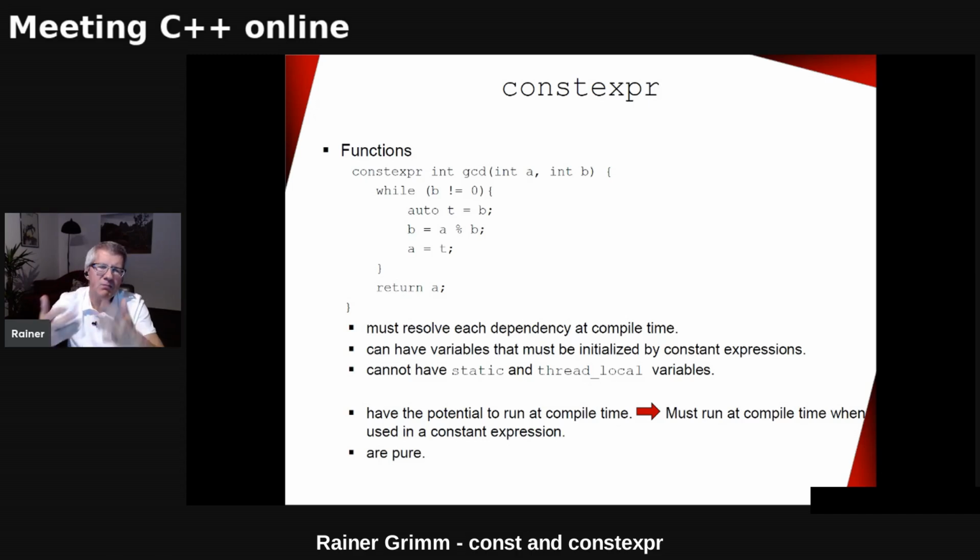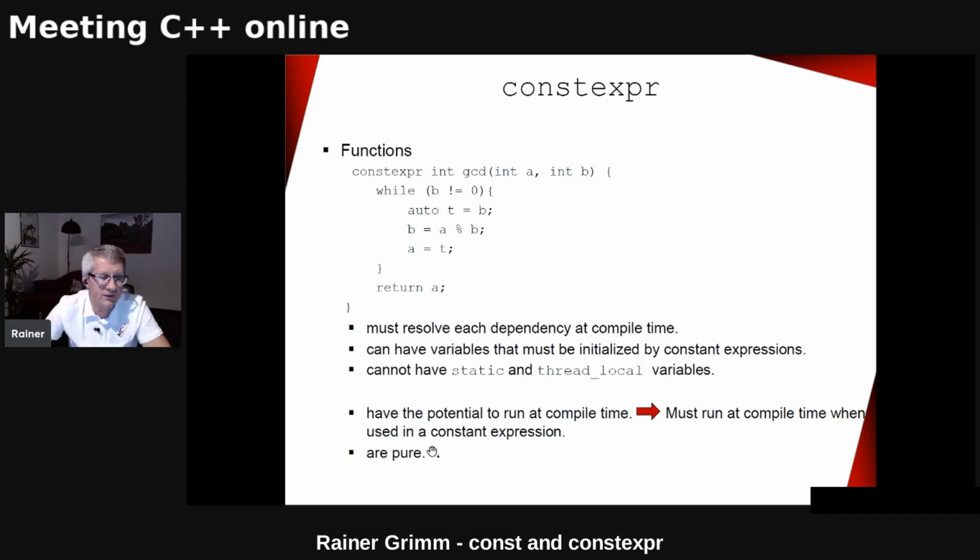And therefore, we sometimes don't know if the function runs at compile time or at runtime. In particular, when you use it in an expression which does not enforce that it should run at compile time. Therefore, you can only hope for your optimizer, essentially. Okay, I will come back to this point in a few minutes.